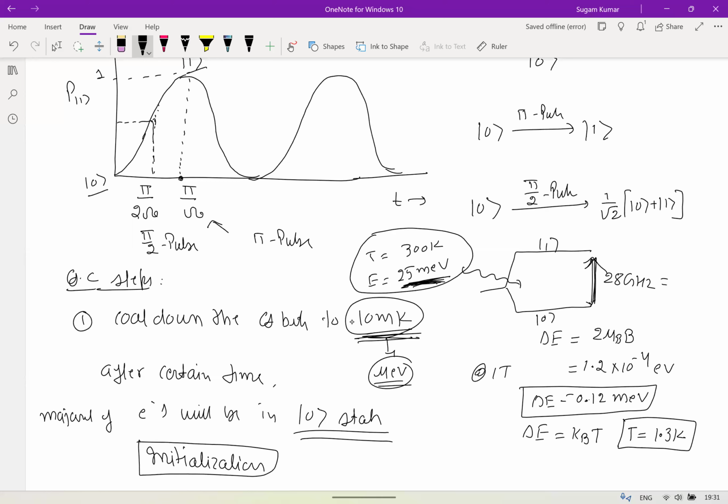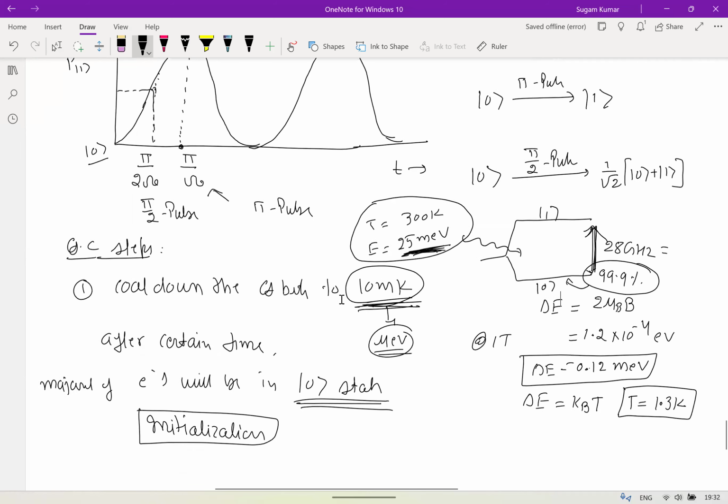So you have to initialize all your qubits, which means you have to cool them down to a very low temperature, around 10 millikelvin, and then wait for some time. At 10 millikelvin, I can tell you that around 99.9% probability the electrons will be found in the zero state.